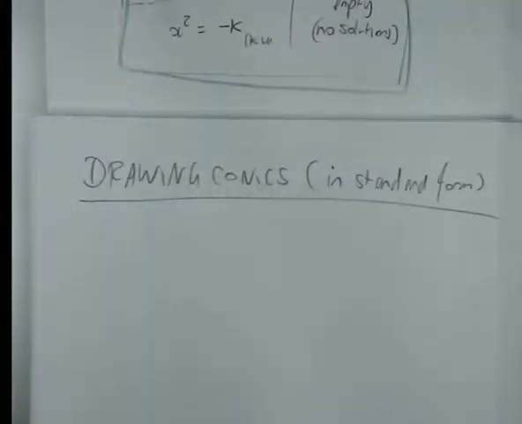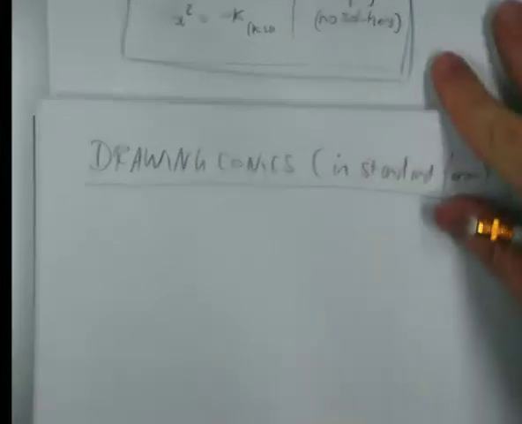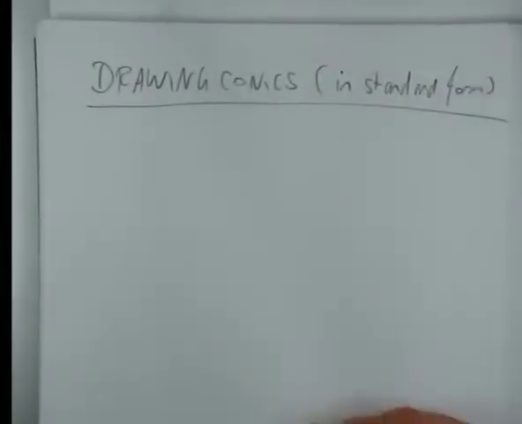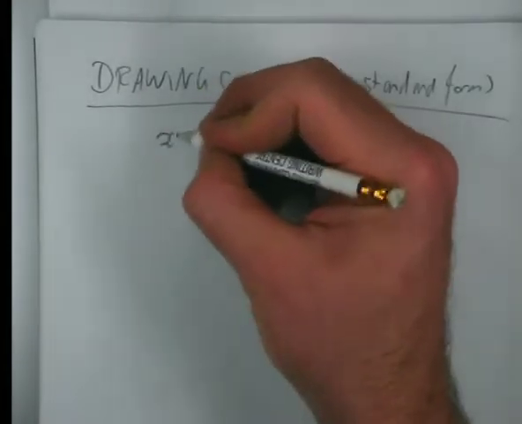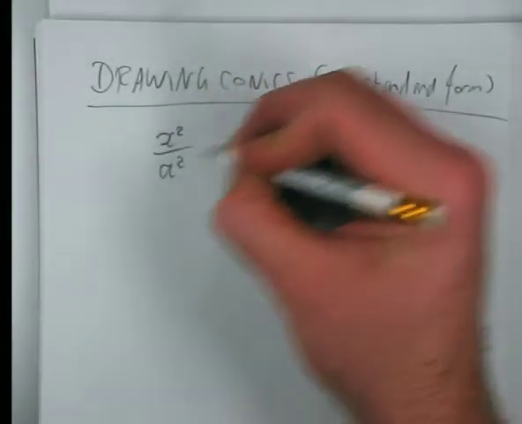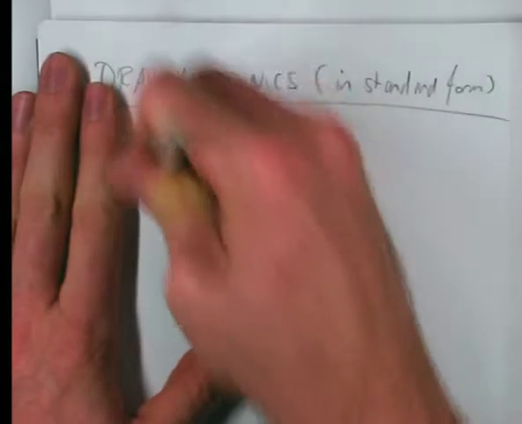Okay, so all my conics live in boxes, and the size of the box is determined by the A and the B. So this is just for parabolas and hyperbolas and ellipses, but it does work for all of them actually, if you do it in the right way. So the idea is that you'll have something like this. I'll do my ellipse first.